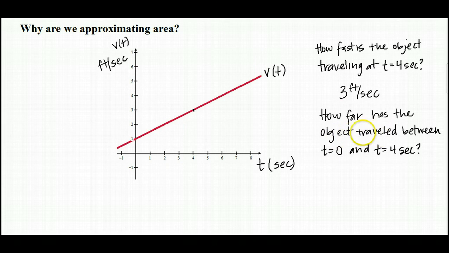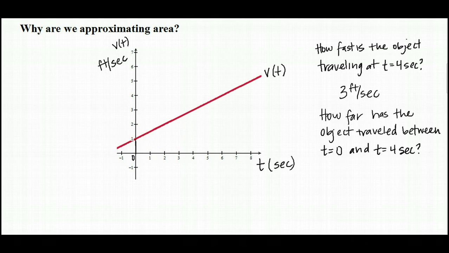Well, that has to do with position given the velocity function. So I'm going to take a look at the area enclosed by the velocity function and the x-axis between time 0 and 4 seconds. So I'll go ahead and draw that.